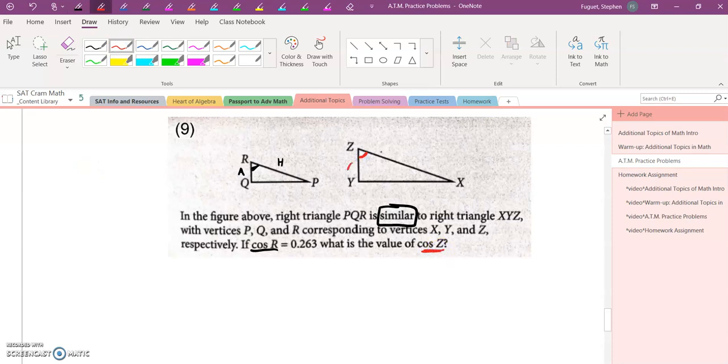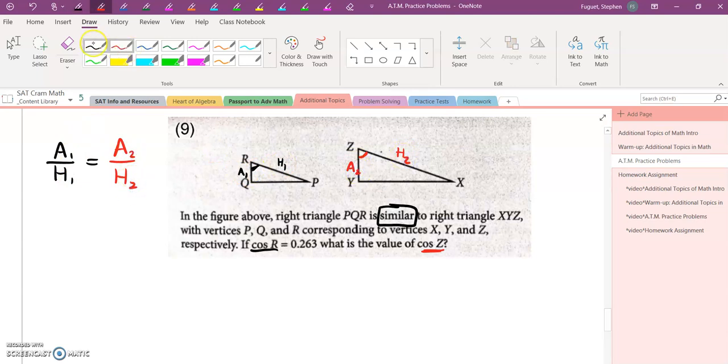Cosine of z is right here, which is adjacent over hypotenuse. And if you remember way back from the first video on our first question, if I take adjacent over hypotenuse of the first triangle, which I'm putting in black here, and I set it equal to adjacent over hypotenuse of the second triangle, let me put a little sub 1 here so we don't confuse what we're looking at, and we'll call this a sub 2. Okay?